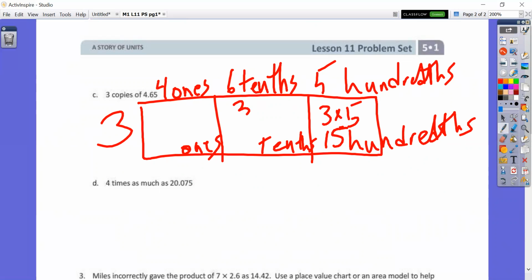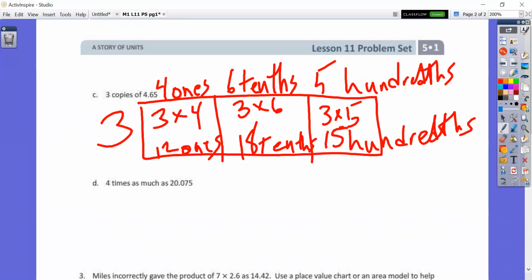In this box, we have 3 groups of 6. And we know 3 times 6 is 18, so that's 18 tenths. And then over in our ones box, we have 3 groups of 4, or 12 ones.